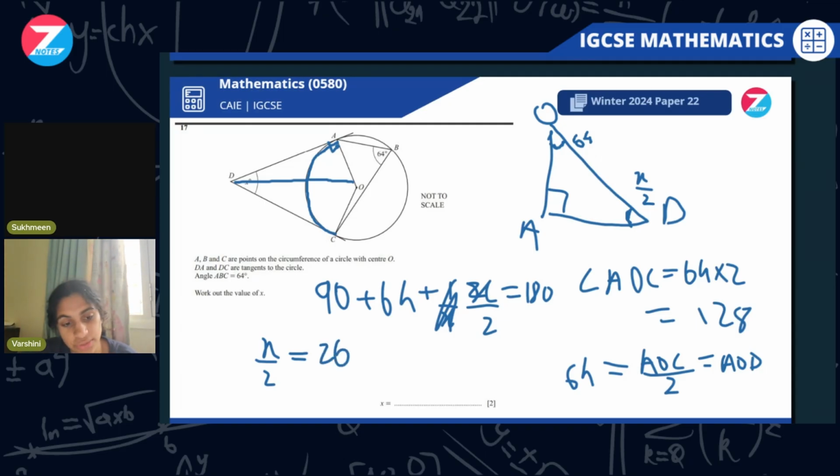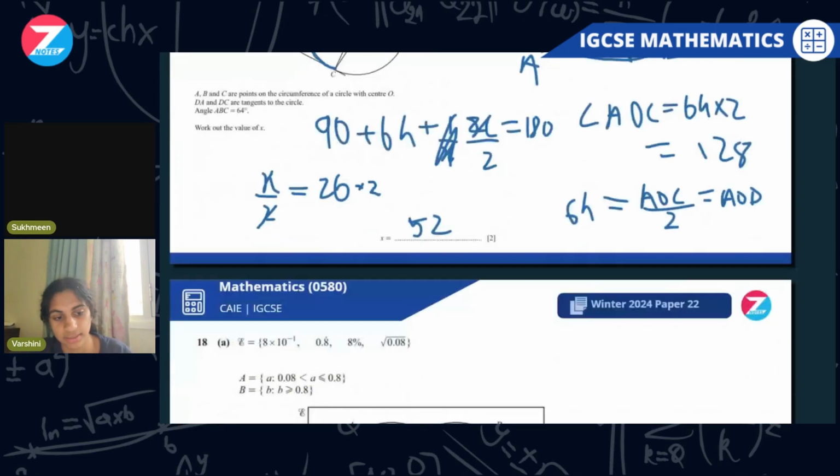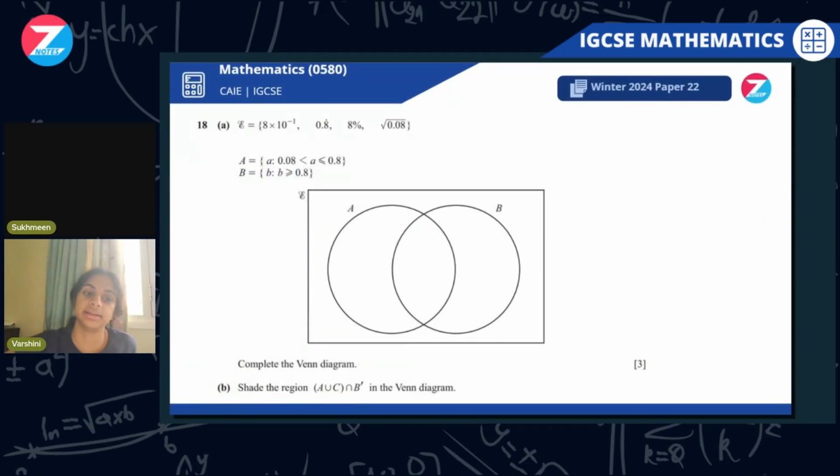So x by 2 is 26. And now we just need to get rid of this 2, so we multiply both sides by 2. We get 26 into 2, and again, just put that in your calculator, and you'll get x as 52. That'll be your answer.